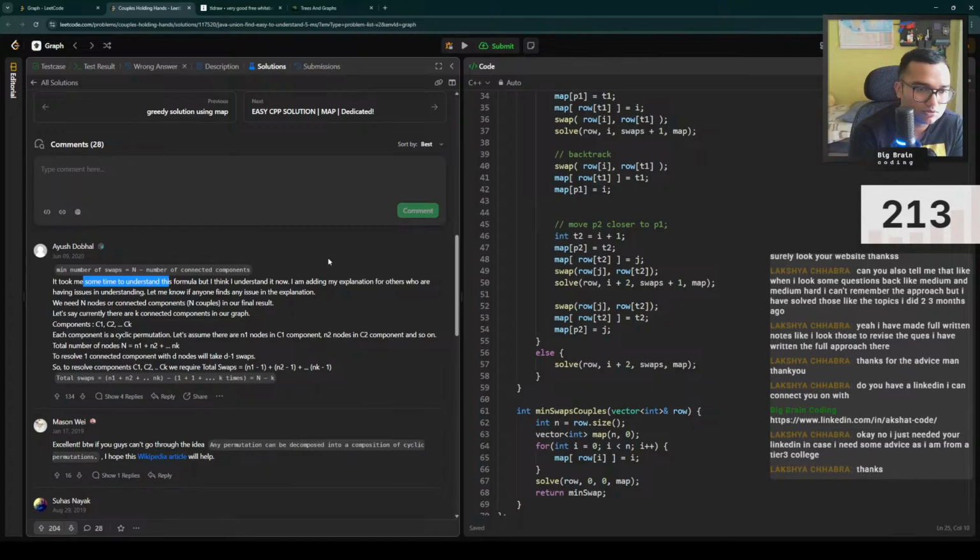To resolve one connected component with d nodes will take d minus 1 swaps. So to resolve C1 will take n1 minus 1, n2 minus 1, and so on up to k minus 1. Total swaps: n minus k.